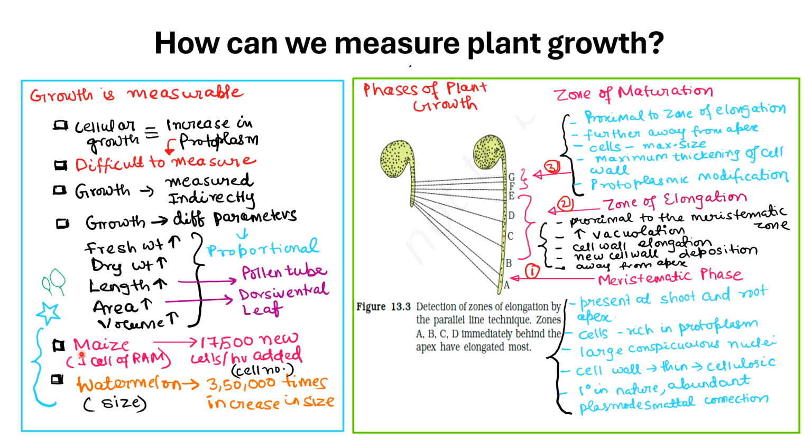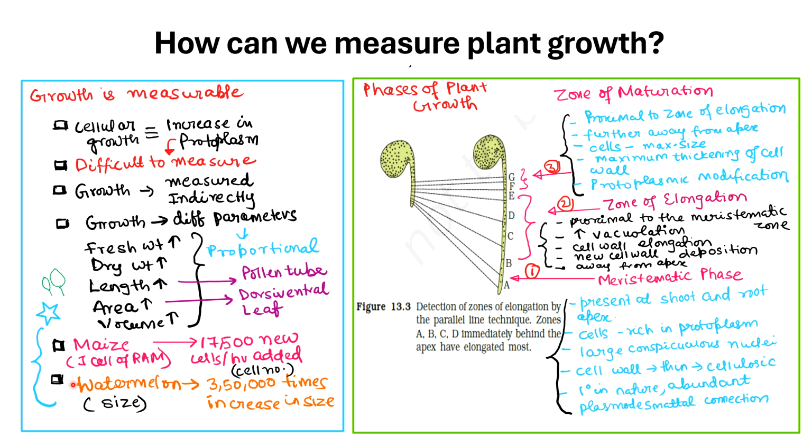Now, sometimes we can also take increase in the number of cells. For example, if you consider maize, one cell of the maize root apical meristem is capable of adding 17,500 new cells per hour. So, as the number of cells is increasing, the growth is taking place in the plant.